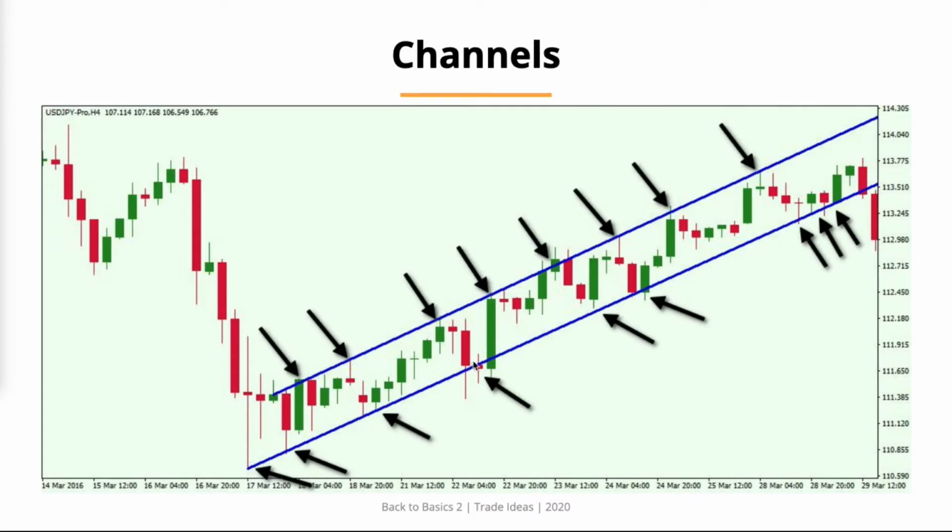And every time it started to push off of that line, if you bought it and then sold it when it got to the top, you can see that you would have made 3 or 4 good trades until one time you did it and it didn't work. So if you can do 3 good trades and 1 bad trade, that's a great trading plan.